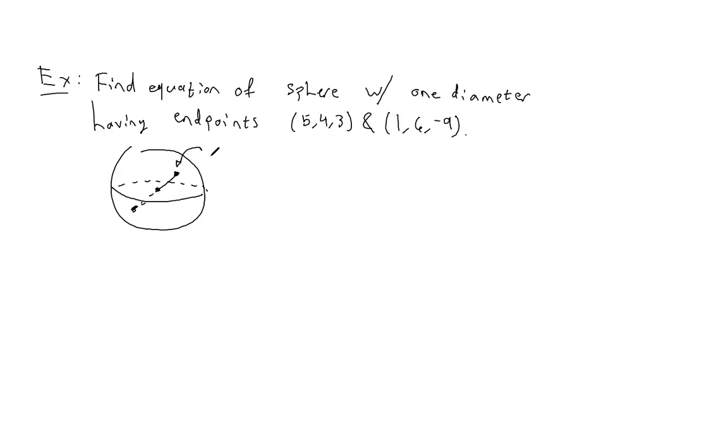One of these points is going to be the point (5, 4, 3), and the other point is going to be the point (1, 6, -9). Obviously, this is not to scale, but that's not important. So the question we should be asking ourselves is, how are we going to find the center and the radius? That's really what we need.